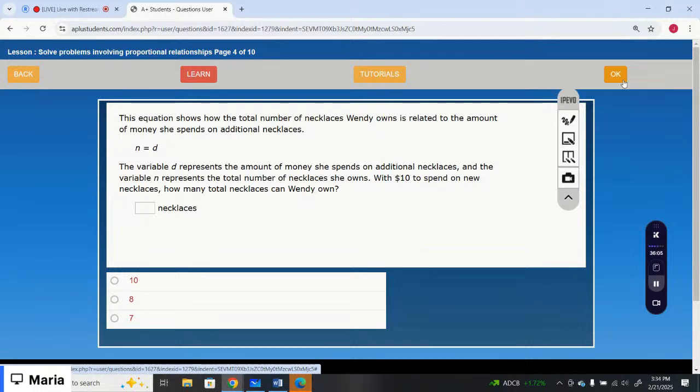This equation shows how the total number of necklaces Wendy owns is related to the amount of money she spends on additional necklaces. N equals D. So that is 10. Option number 1 is the correct option.